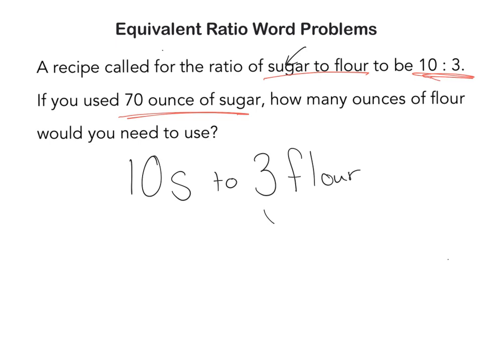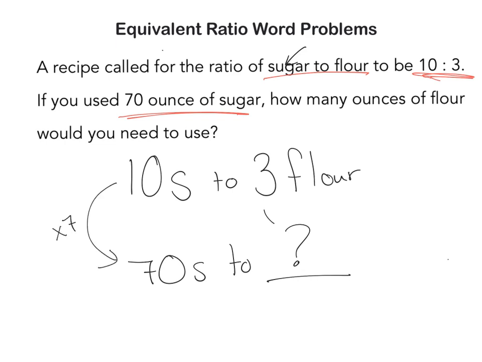They gave us 70 ounces of sugar. So we're trying to figure out the flour. You should see here, 10 times 7 gives us that 70. So I need to do 3 times 7, which gives me 21 ounces of flour.